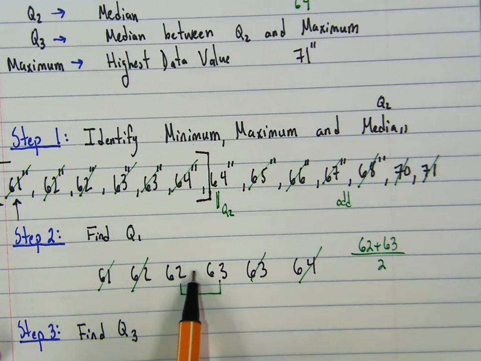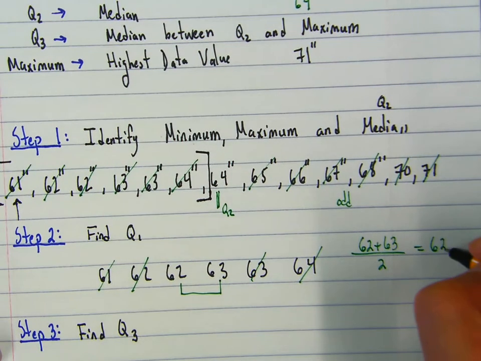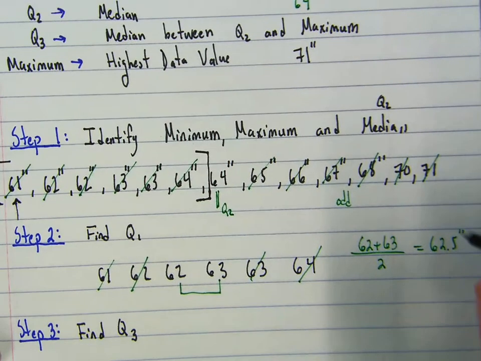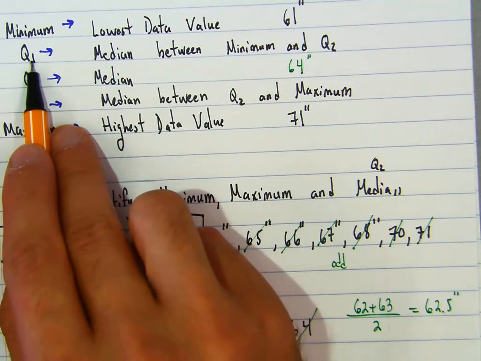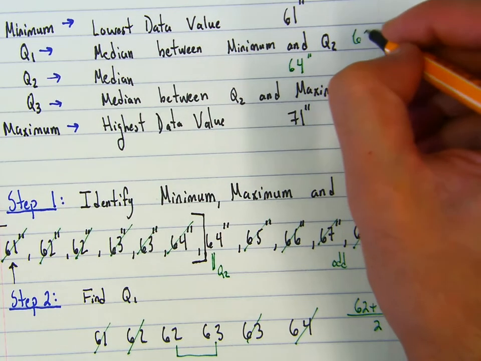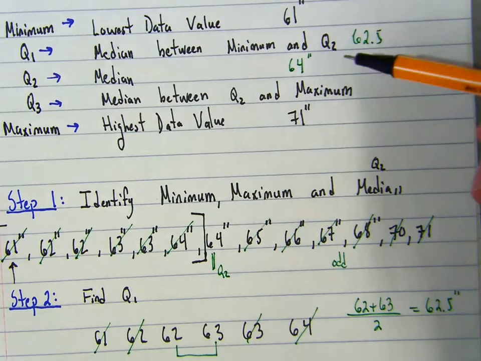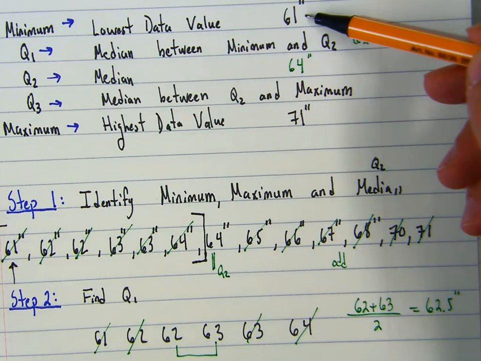What is the number in the middle of 62 and 63? It's 62.5. So 62.5 inches would be represented as Q1, because this 62.5 is the median between here and here.